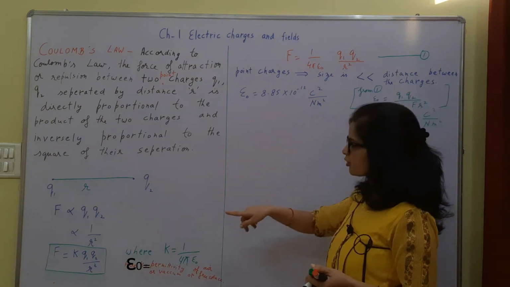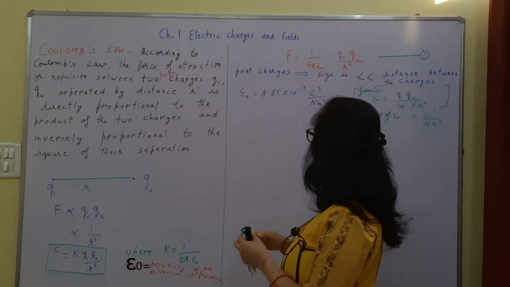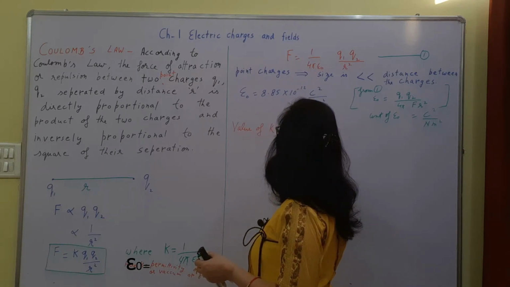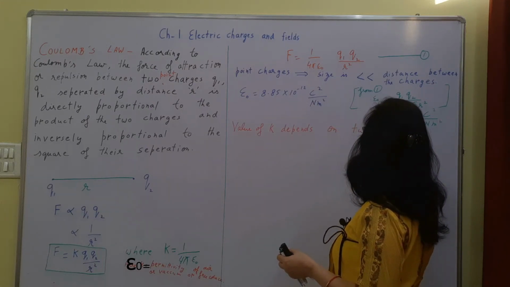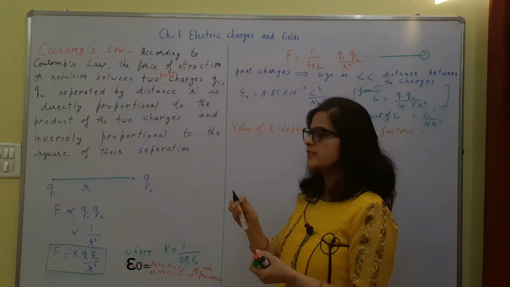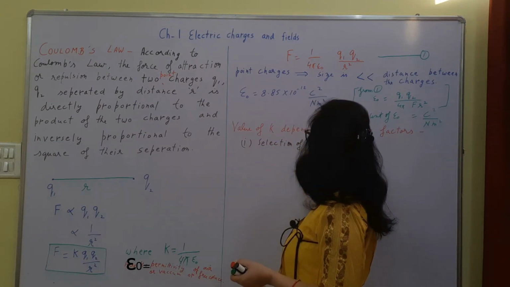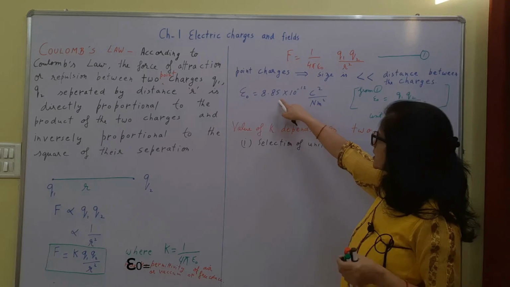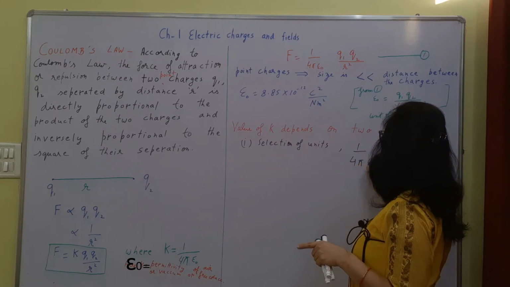So the value of this constant of proportionality depends on two factors, as I have already stated. First is the selection of the units. Right? That means if we put this value in SI unit, then 1 by 4 pi epsilon naught, this is what?